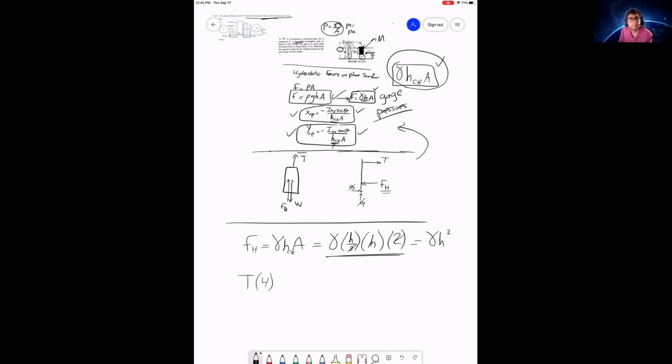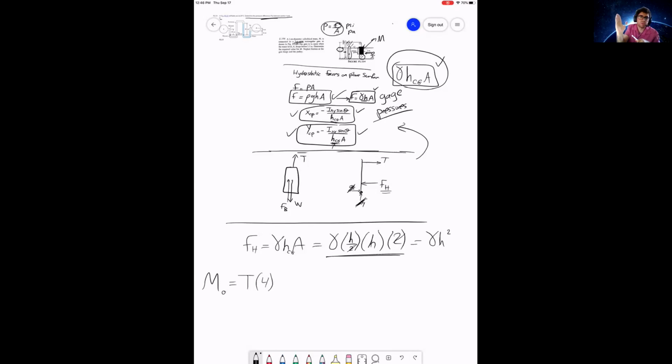Okay. And then you can add the 2 moments now. So we want to calculate the moment at this location. So this is equal to the moment at point O, so we can cancel these 2. Take the moment at this location. If you go from the pin, you have 4 times T, right?